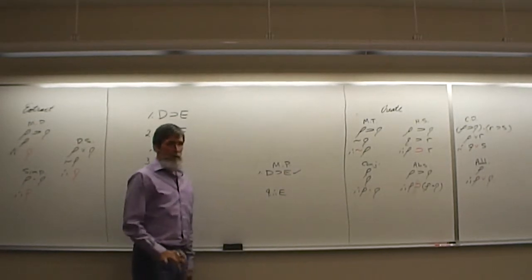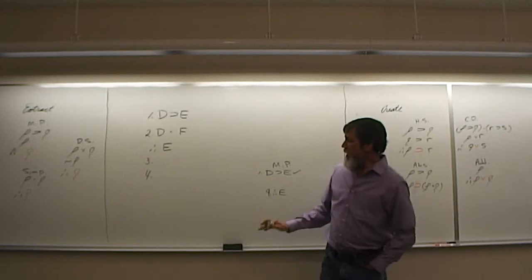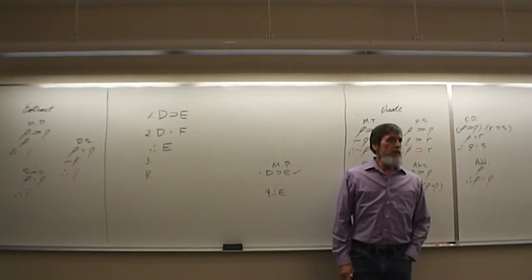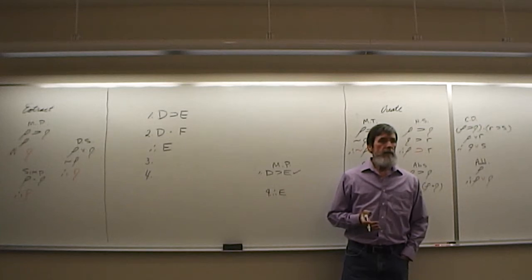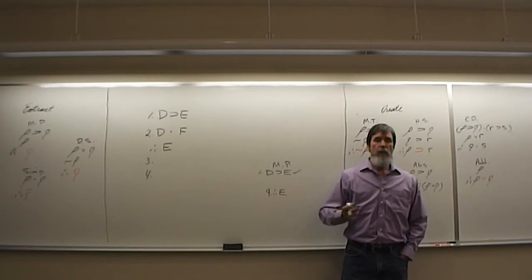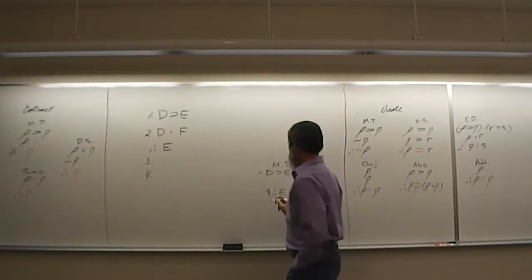And we have line 1 ready to go, the first premise of modus ponens. If you have the first premise of modus ponens, you should know what the second premise has to be. It's always the antecedent to the first premise. So what do we need as a second premise in this case? D.